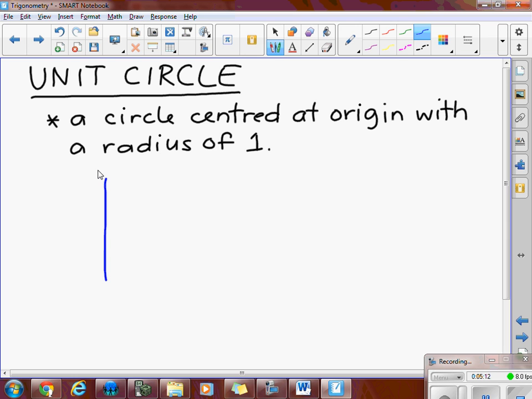So all that means is now we have the origin being the center of the circle. It comes out here to 1, goes up there to 1, comes back here to 1, goes down here to 1, and of course this probably is not going to make too much of a nice circle, but this would be the unit circle. Okay, that's it. The radius is 1 unit out each time.